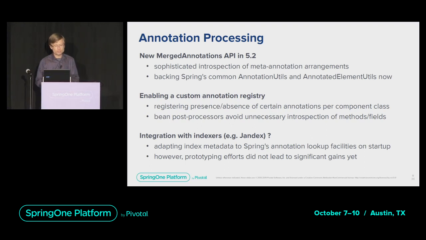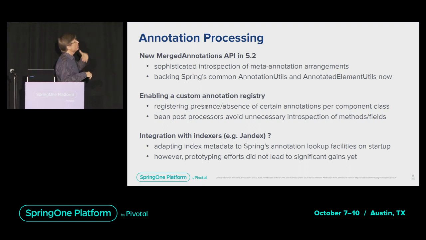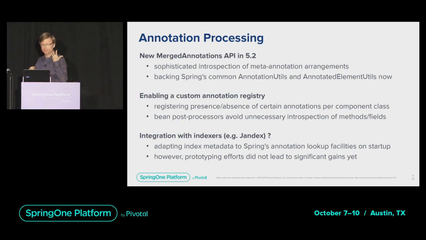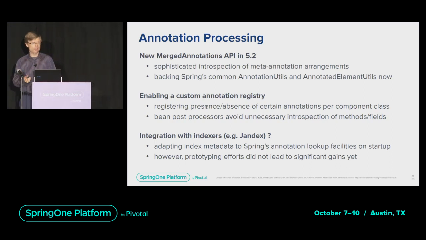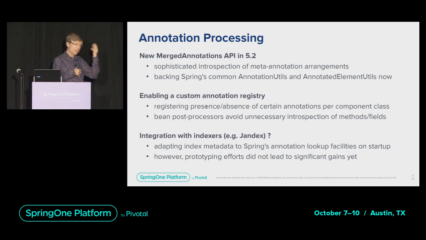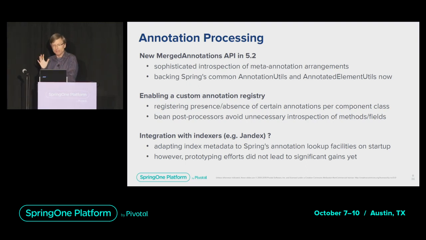The Merged Annotations API, as sort of a side effect, is also a more sophisticated little functional style API with a builder API. It is a new, better structured annotation retrieval API for Spring's common annotation purposes. So taking into account the annotation composability, the meta-annotation models, it's a nice new central API entry point for sophisticated annotation introspection in Spring.